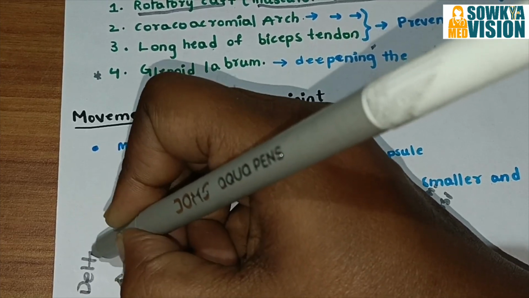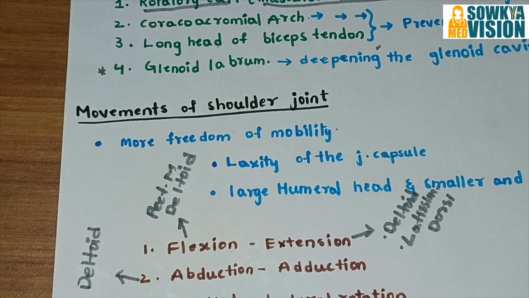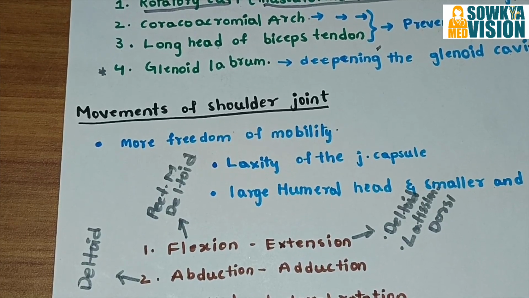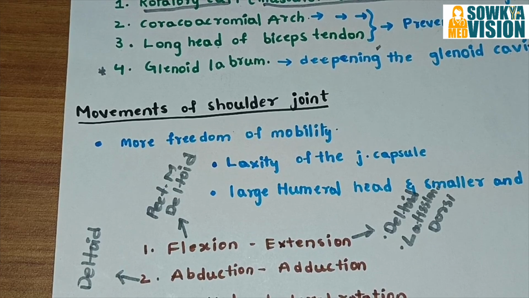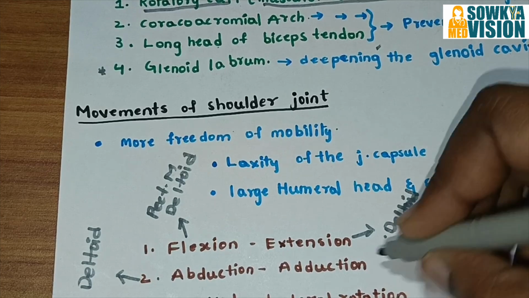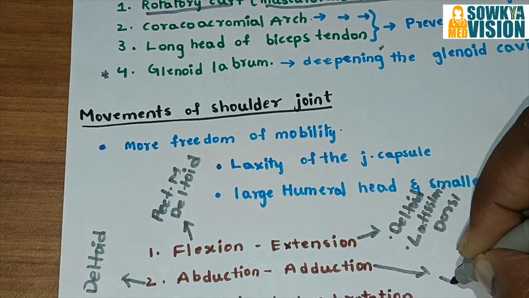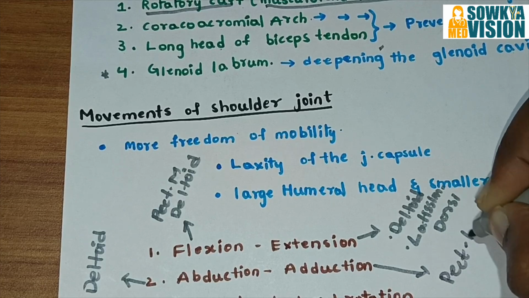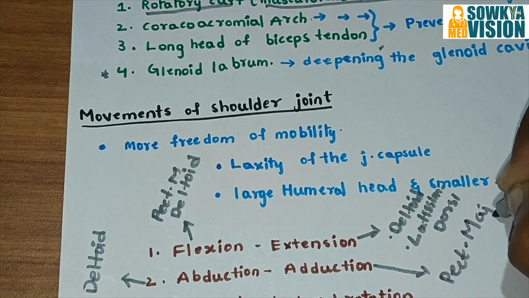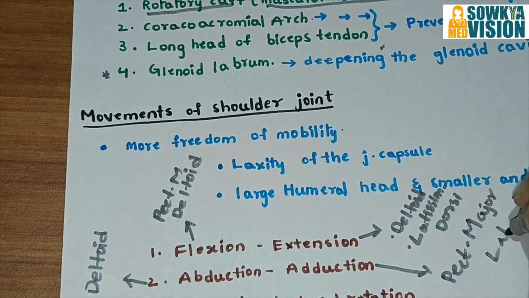See, these are the major muscles. There are some accessory muscles also, but you have to remember these muscles and write these muscles in the exam. The muscle involved in the abduction is deltoid, and the muscles involved in the adduction are pectoralis major and latissimus dorsi.